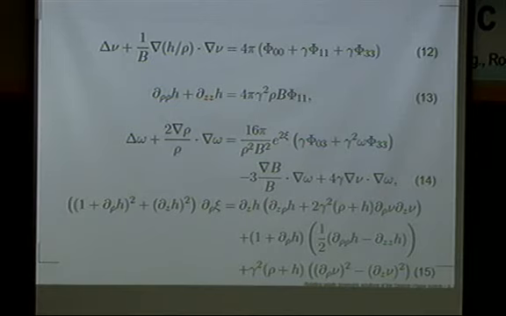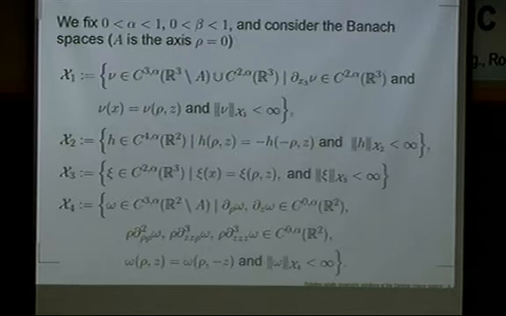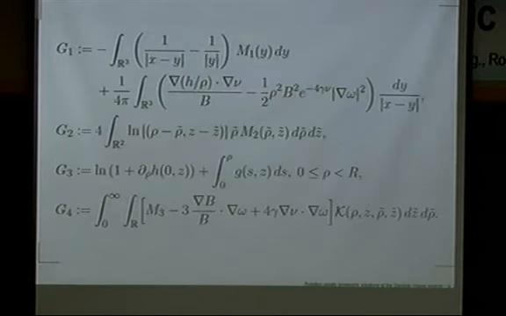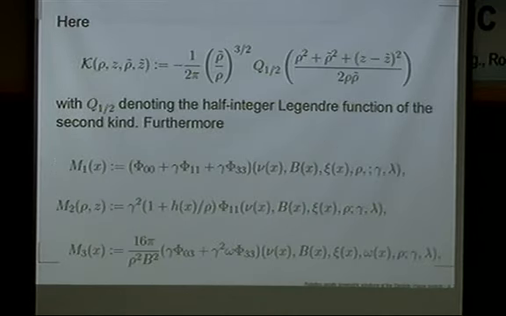And then when we got back to the two-dimensional situation by redoing the Laplace transform and using some relations for special functions, it turned out that you end up with this guy, which is called the half-integer Legendre function of the second kind. And you necessarily have to do a lot of estimates of this guy. I hope I will show you something of this at the end.